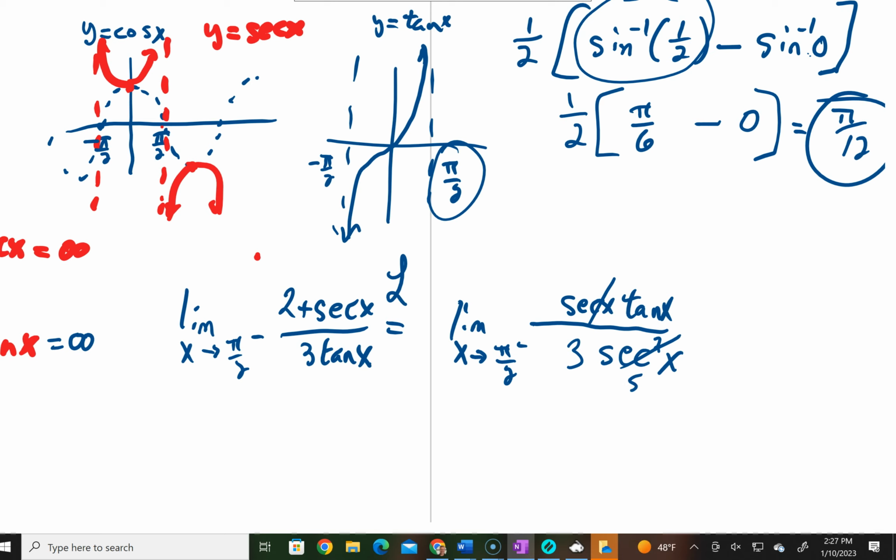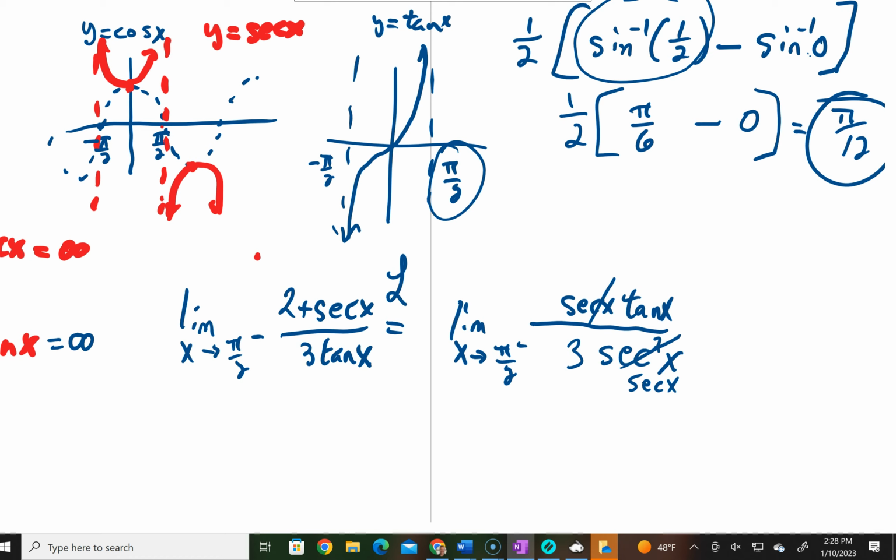Secant and secant squared, you're just going to have a secant down here. Here's where a student could say, Mr. Dobner, I saw that a mile away. You're still in the same problem. You still have infinity over infinity. Right? You're still dealing with something infinite over something infinite. Aren't we no better off?